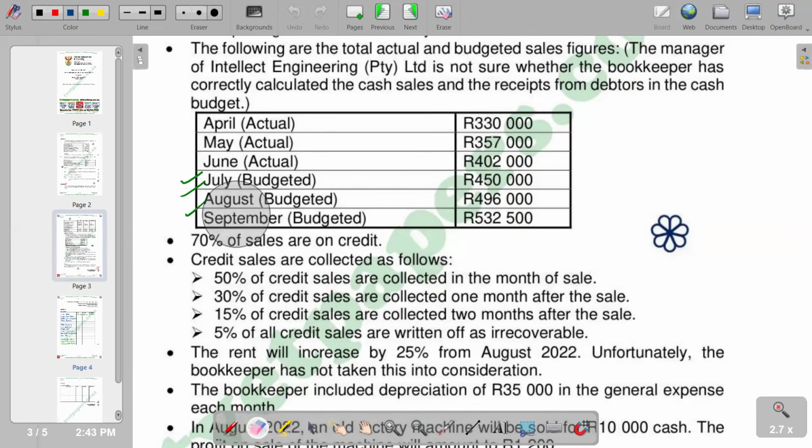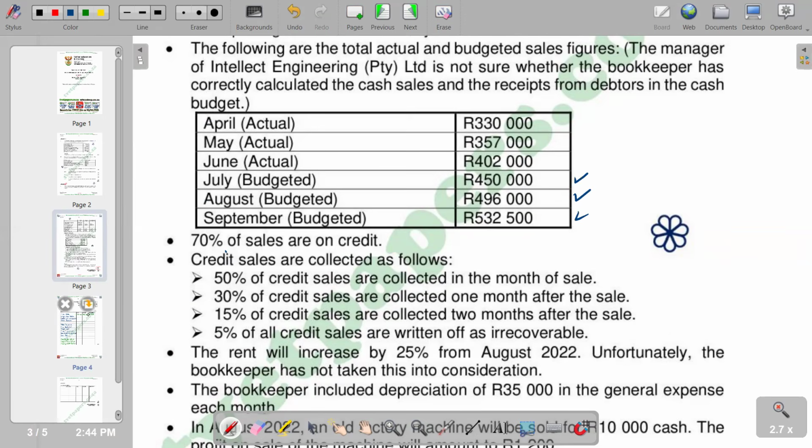Remember, we are given that 70% of sales are credit. So we are going to calculate the credit sales according to the information given. We can start from July, August, and September.